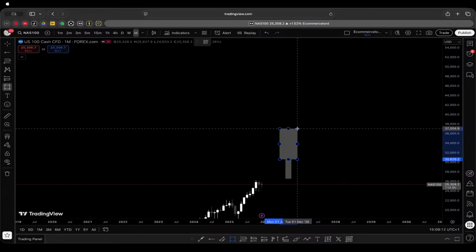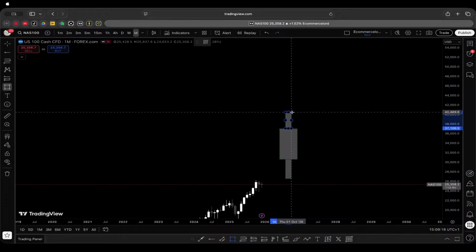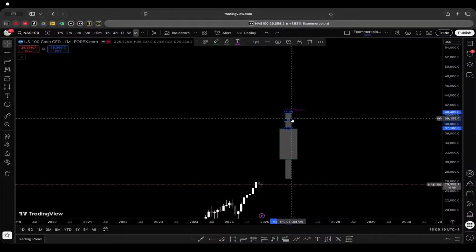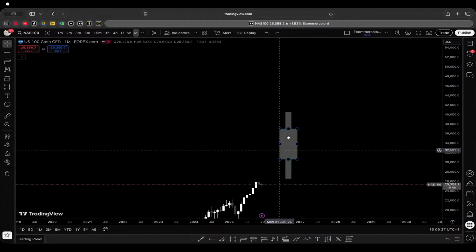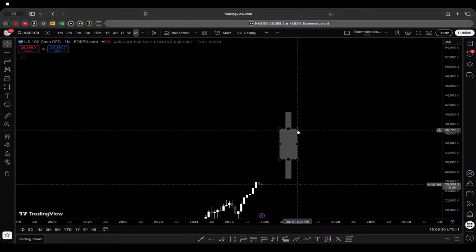So: lower wick, upper wick, and the body of the candle. These tiny things you see here and here are the wicks, and the body is the major big side of the candle.